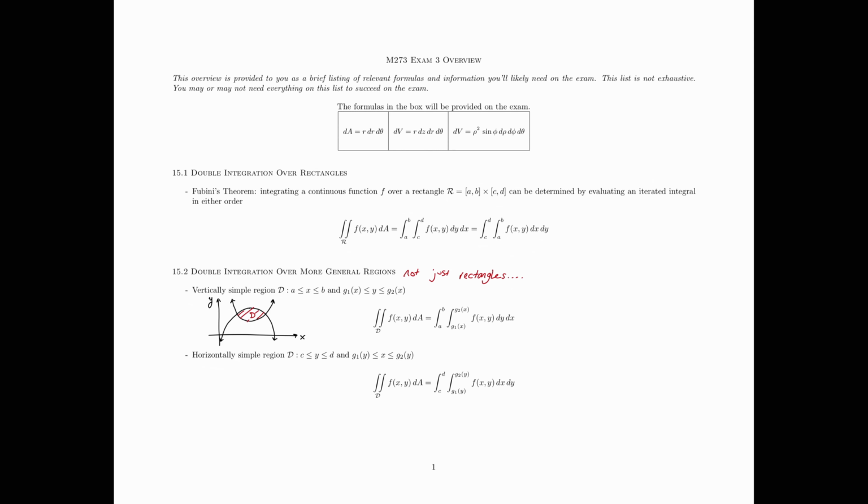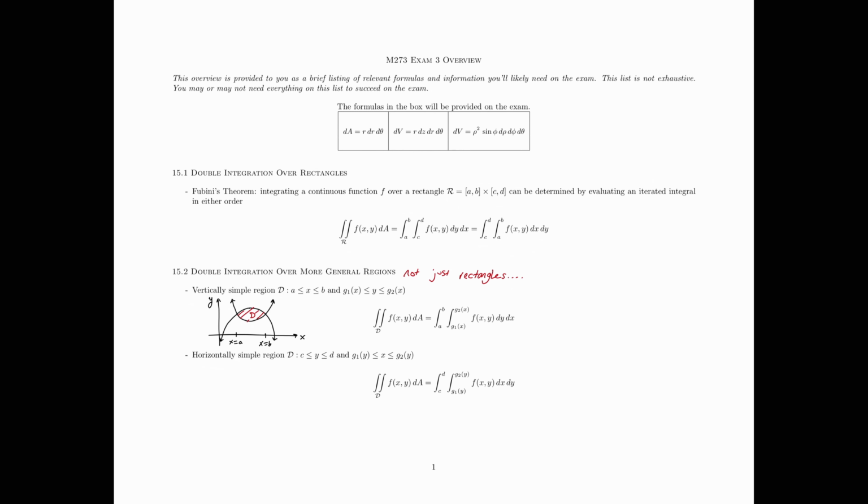So that's what we have here. To match it up with this description, we would say that these x values, where the region begins and ends, are just the leftmost x value and the rightmost x value.